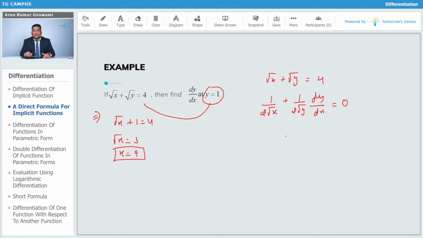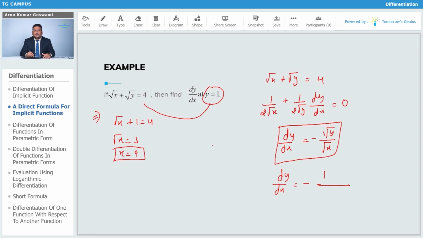So from here, dy by dx is equal to negative of 1 by root x over 1 by root y, that is, minus root y by root x. Now they said find dy by dx when y is equal to 1. So I substitute 1 for y, and since root x value is 3, my dy by dx is minus 1 by 3.